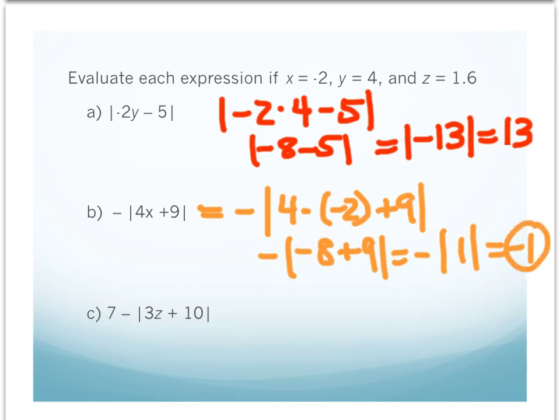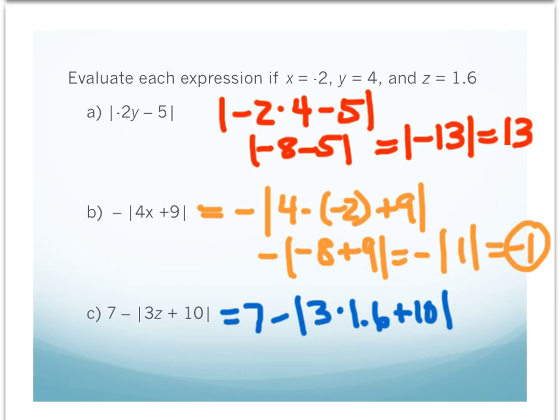Part C, we're going to input 1.6 in for z. So we have 7 minus the absolute value of 3 times 1.6 plus 10. So we evaluate everything inside the absolute value sign. That's because an absolute value sign is a grouping symbol.